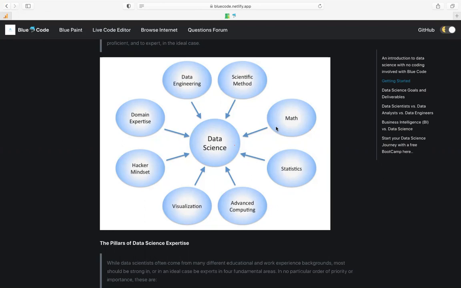Okay, math. As a data scientist, some of the software you'll be using deals with mathematics. It's basically going to be in the form of statistics and mathematics, because the software is good.